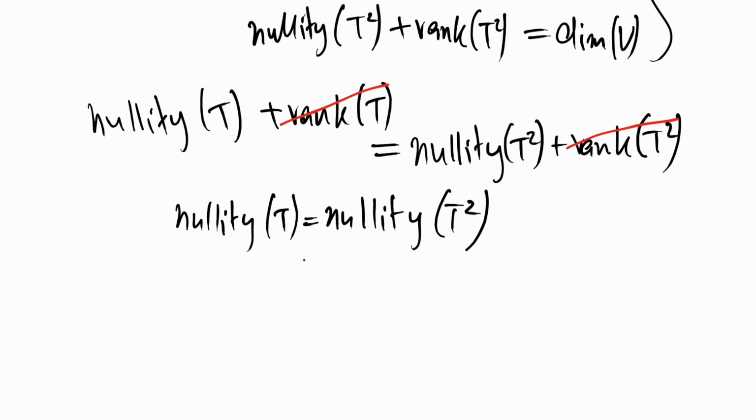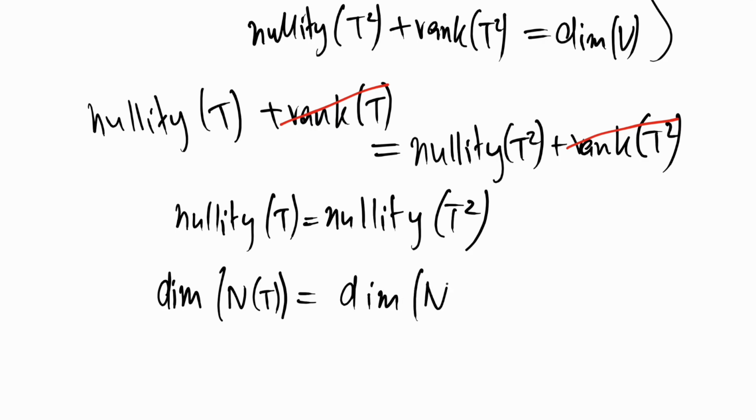Now what does this mean? Well, nullity of T simply means the dimension of the null space of T. So the dimension of the null space of T is equal to the dimension of the null space of T squared. What does this mean?